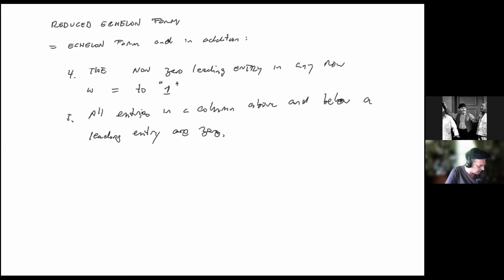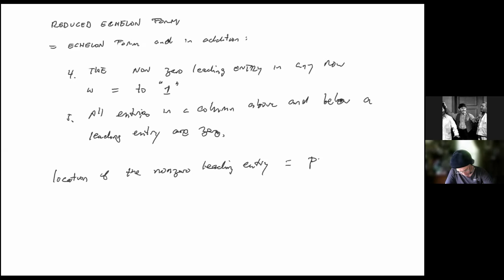I'm going to give examples in a moment, and it's important to keep the examples in mind because this is just a list of conditions. Let me just say it this way: the location of the non-zero leading entry has a name. It's called the pivot location.